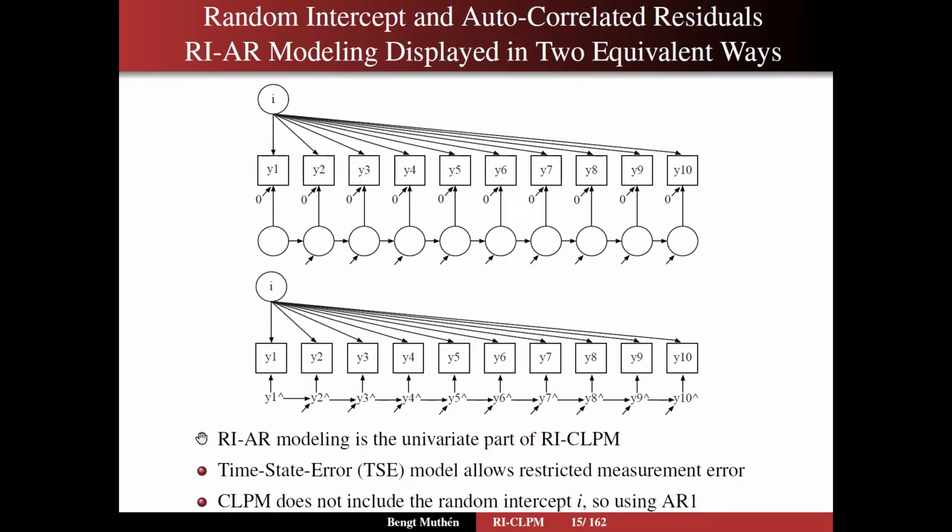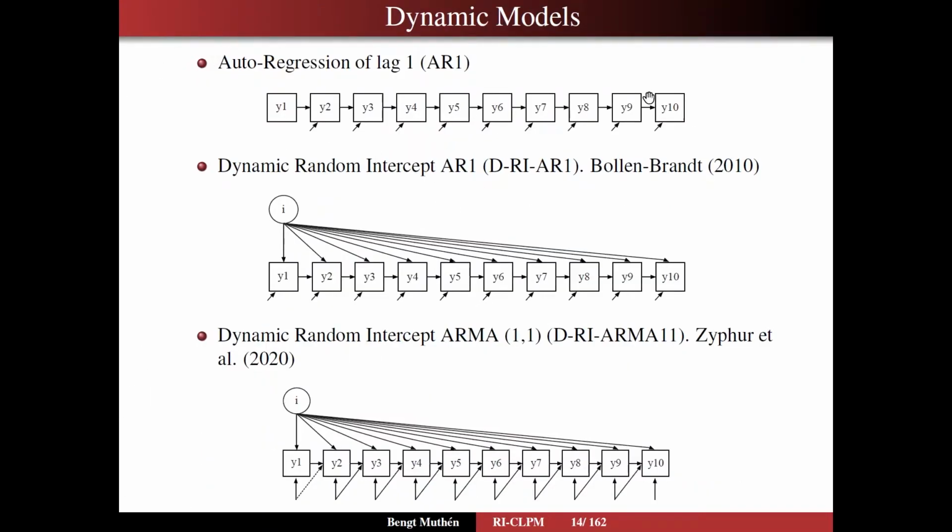Now the RI-ARMA modeling is the univariate part of RI-CLPM, so that's for one of the 2 variables, and then you have relationships between the residuals here of one process and the residuals of a second process. Cross-lag panel modeling does not include the random intercept I, so it's using the AR1 model on the previous slide here, which is then quite different in that the dynamic relationships are for the observed variables.